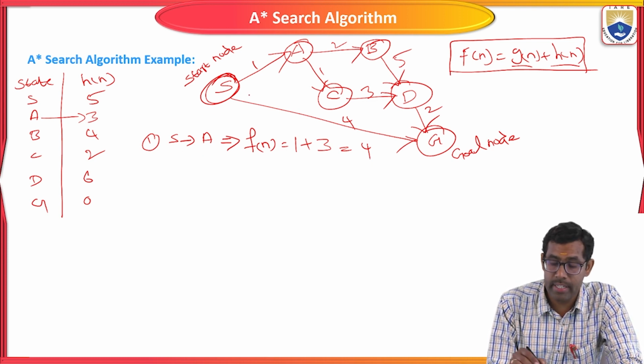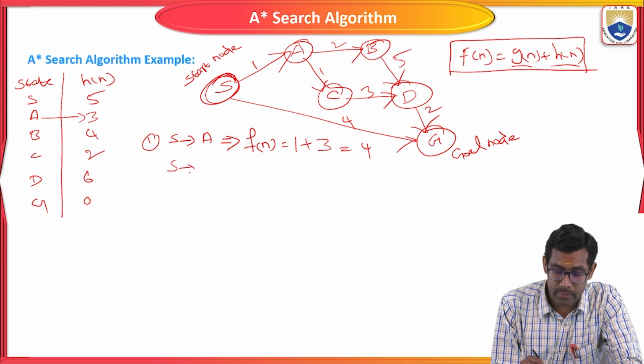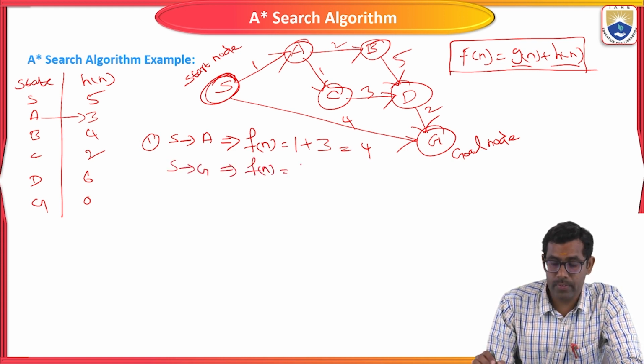The second successor is S to G. Again we calculate the same f of n.